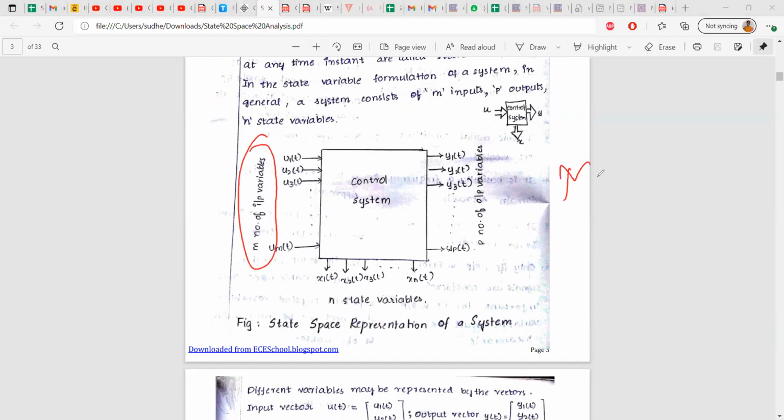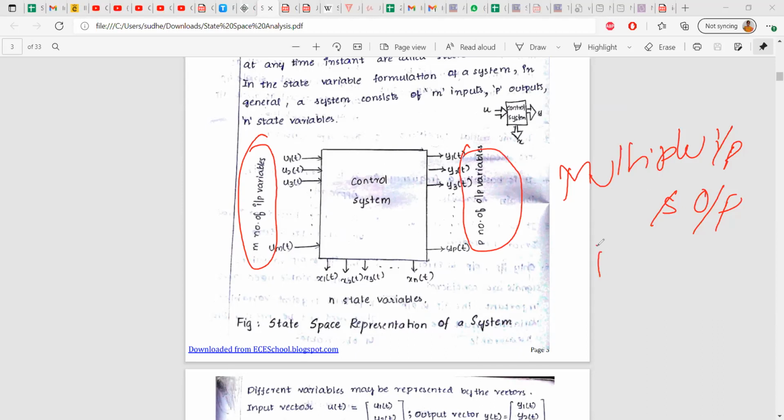We discussed state space is applicable for multiple inputs and multiple outputs, MIMO.